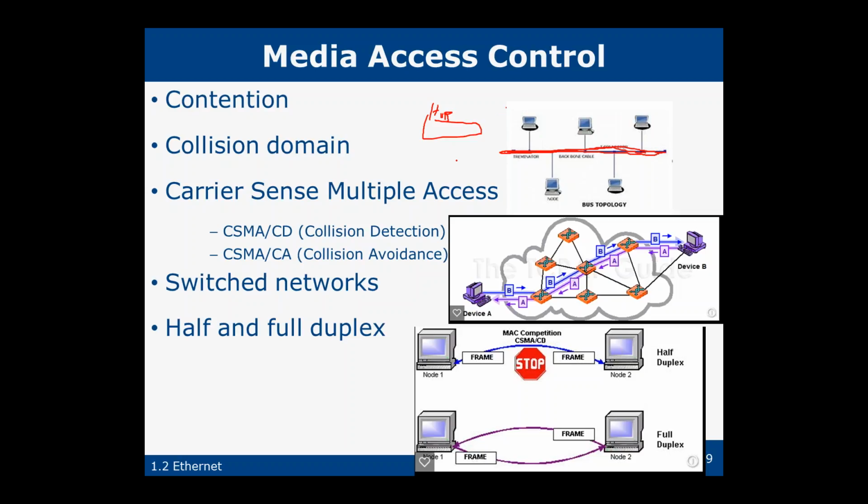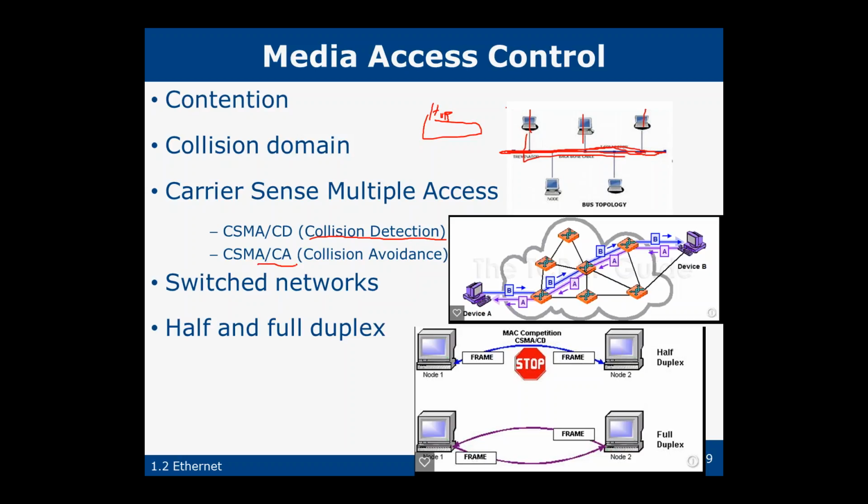So that's carrier sense, we listen. Multiple access, we have a whole bunch of things connected to the same bus. And then once there's no signal, nobody else is sending information, we send our data. And then we listen to see if there's a collision detection, and if there is a collision, do a random back off and start all over again.